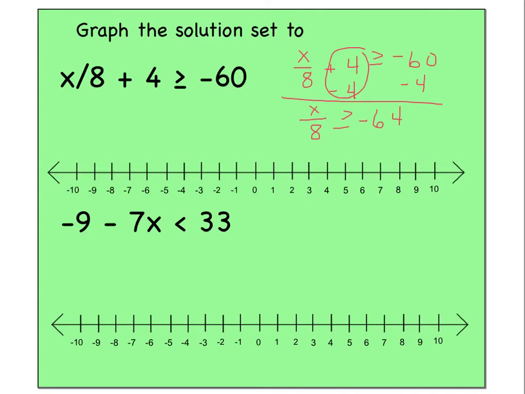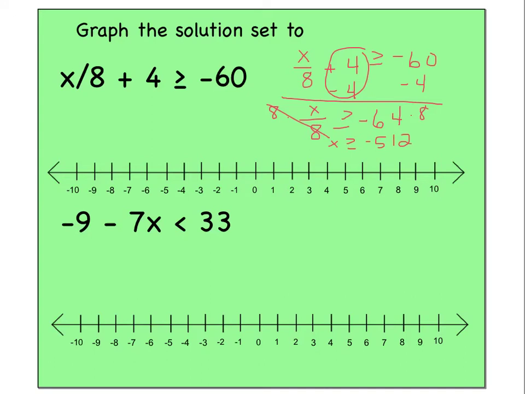And now we're going to have to multiply both sides by 8. So we've got to do negative 64 times 8. And we actually get x is greater than or equal to negative 512.